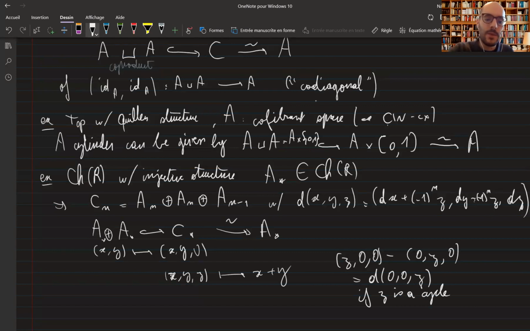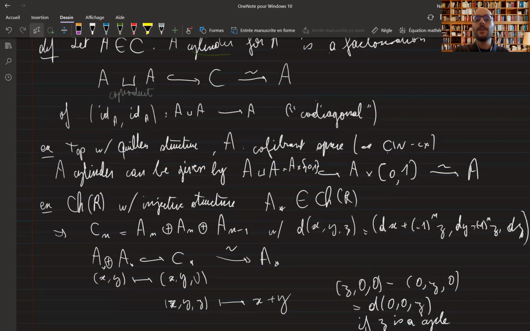All right, so the inclusions in the first or the second factor are identified by this differential. It's complementary. So this is basically the idea. Okay, so this is the notion of a cylinder.